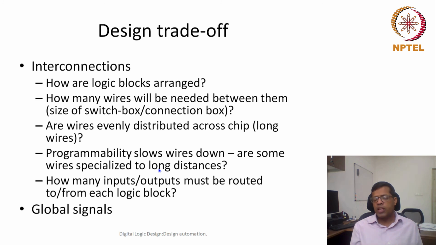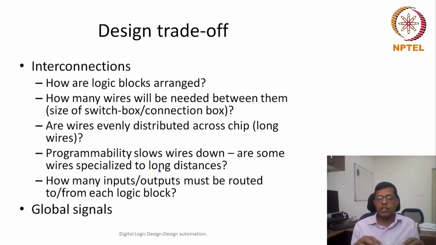So we see that some of the wires are local connections. Basically you would like to connect the output of one logic block to the input of another logic block, while some of the connections are large fan out in nature, where one output would like to go to multiple inputs of different logic blocks, while some different kinds of wires would be global or semi-global in nature, where one circuit is going to all different kinds of logic blocks. And sometimes the connections between two blocks could be far.